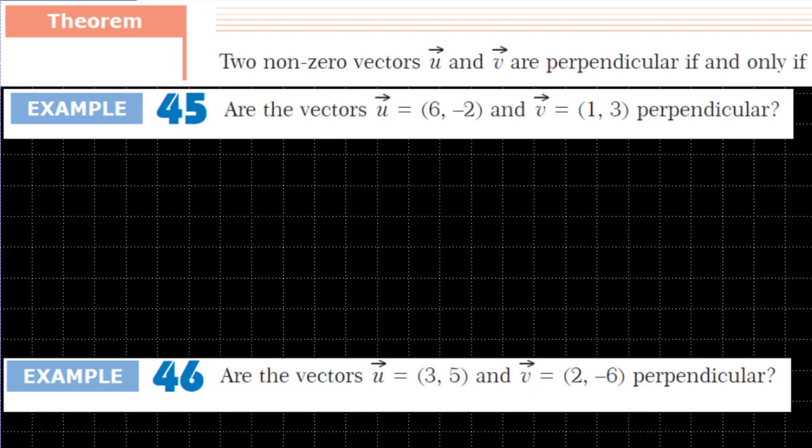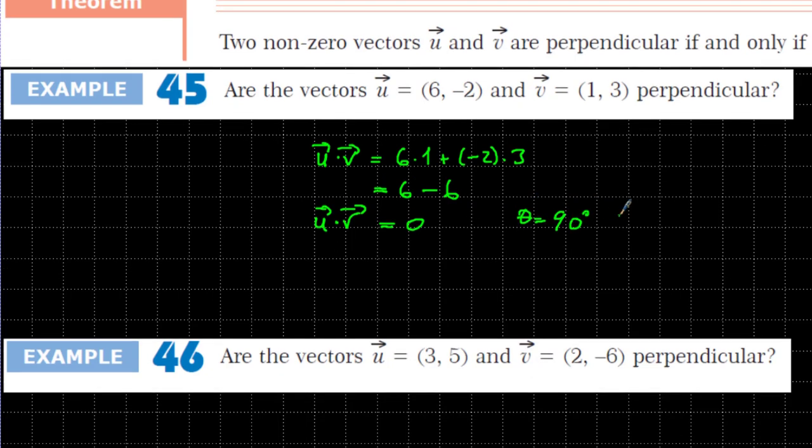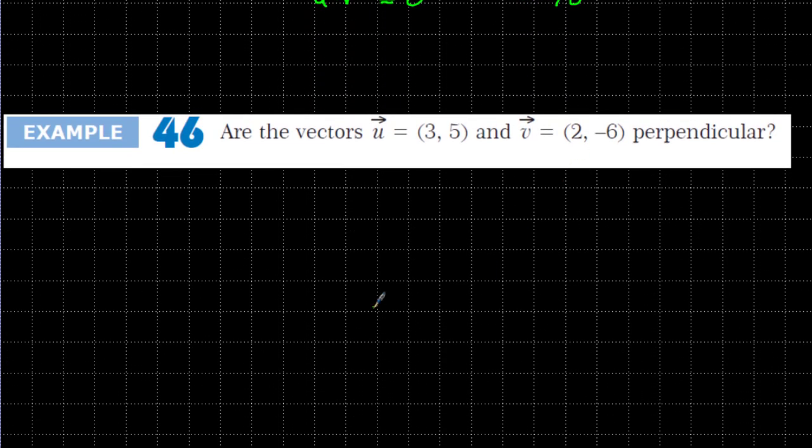Let's continue with the exercise and finish the lesson here. For u vector and v vector, we found 6 times 1 plus minus 2 times 3, which is equal to 6 minus 6, which is equal to 0. We understood from this product that theta is equal to 90 degrees, which is perpendicular.